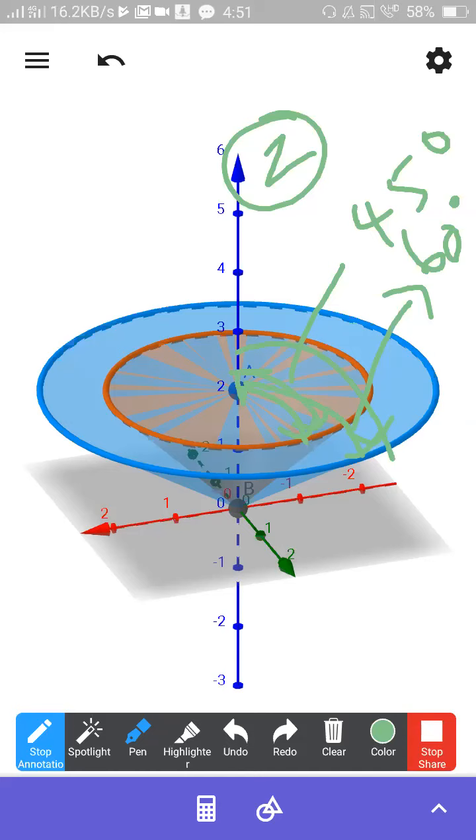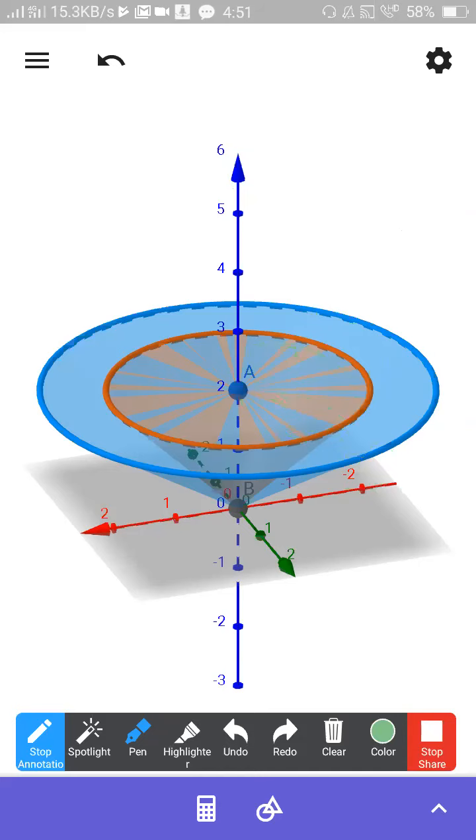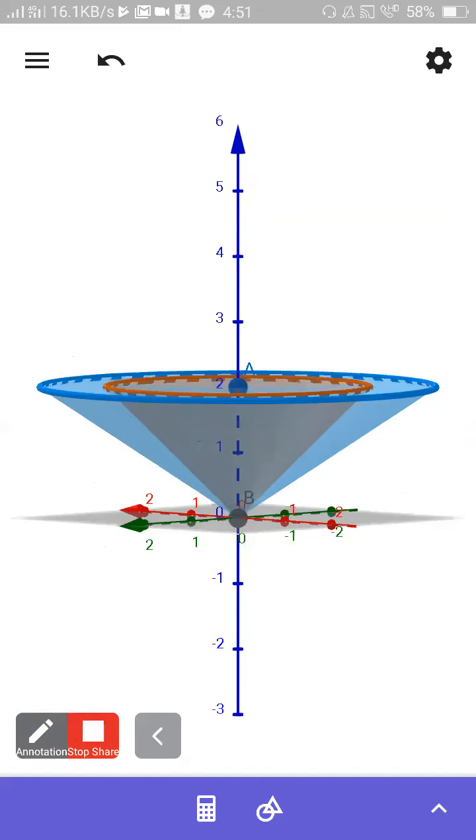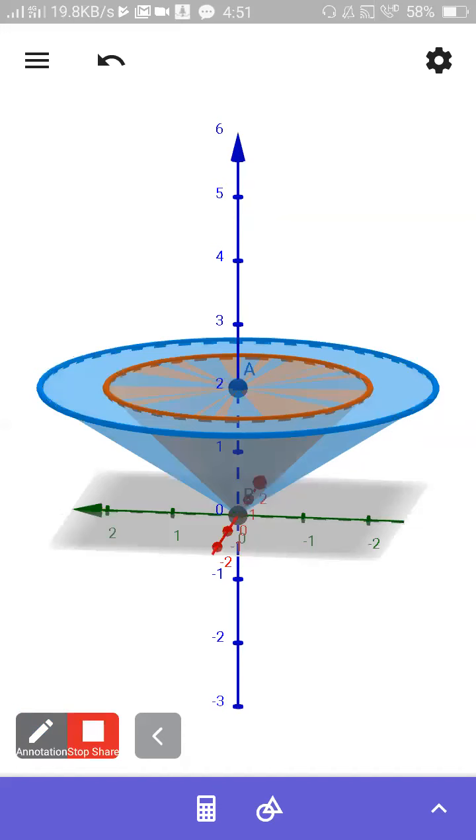So what happens if I take theta again high? When will my theta be 90 degree? Once I reach the x-axis, then my theta will be 90 degree. Is it correct? Let me clear this.